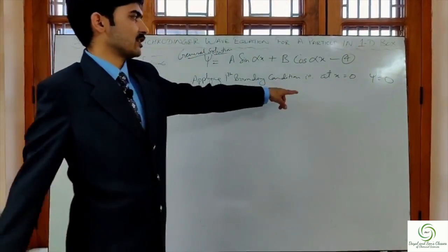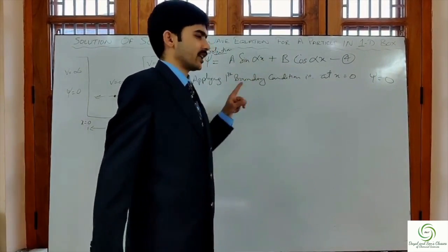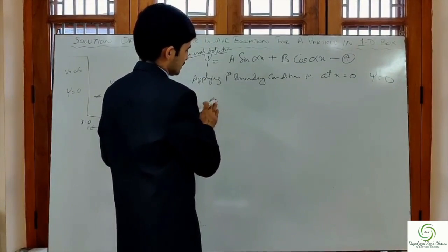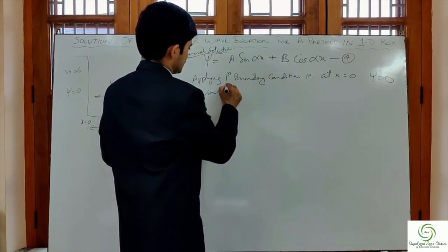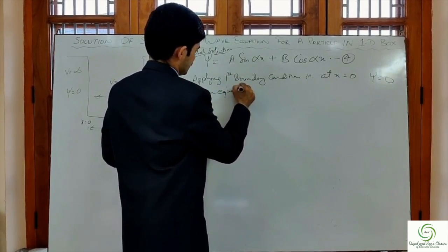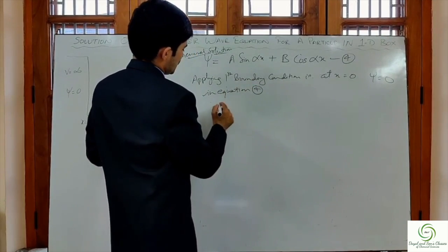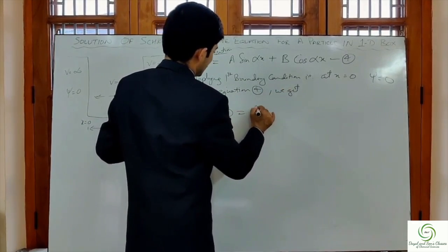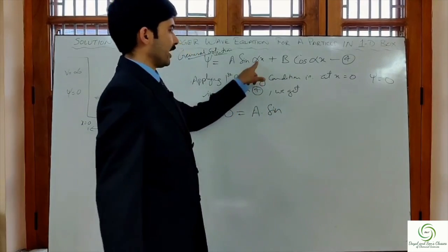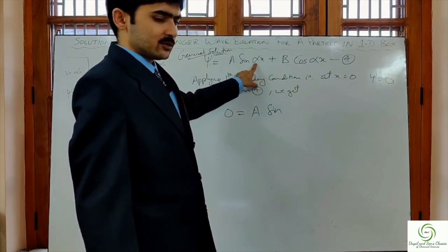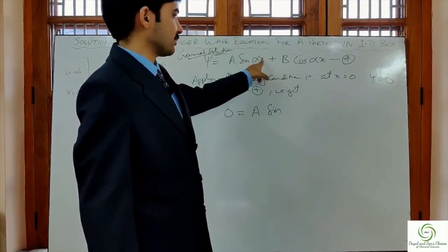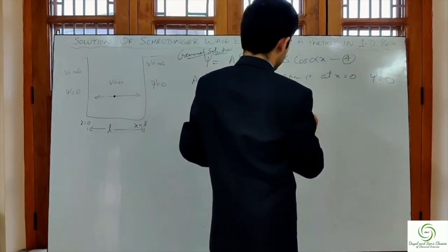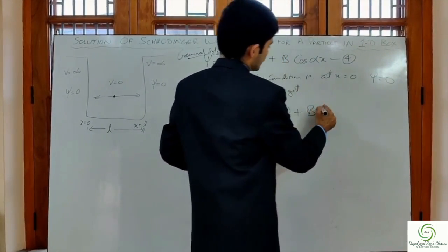We substitute the value of x as 0 in equation 4. We get 0 is equal to a into sine of alpha times 0, plus b cos of alpha times 0, since anything multiplied by 0 is 0.